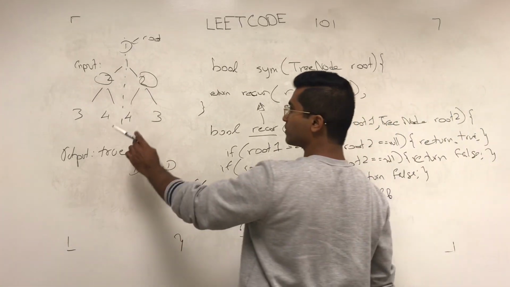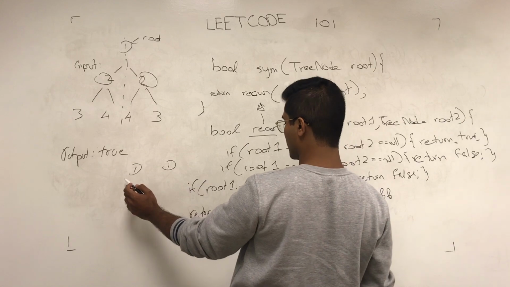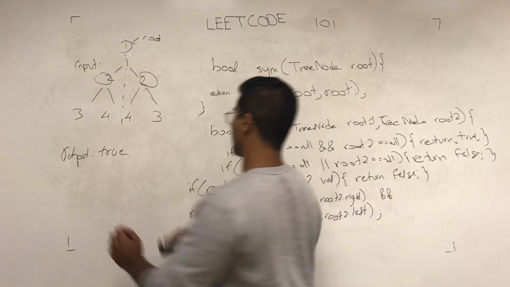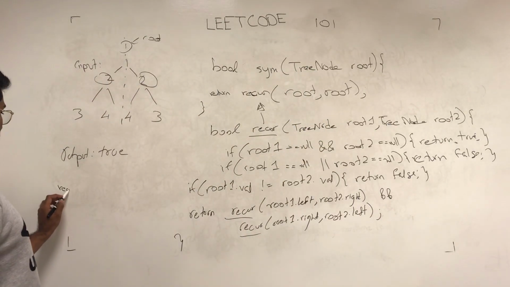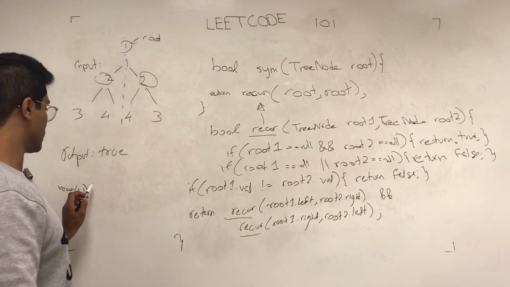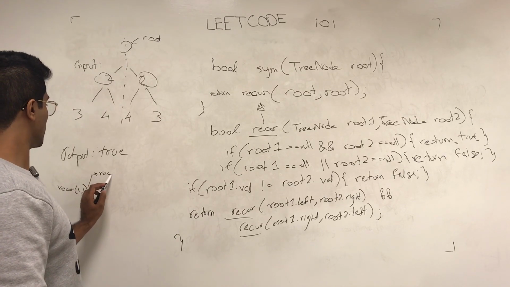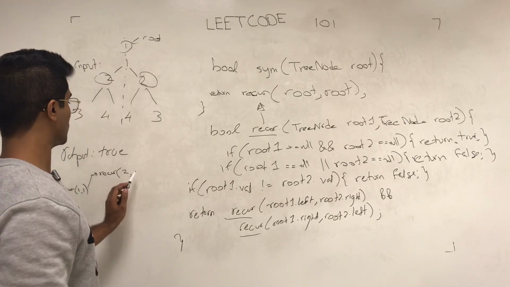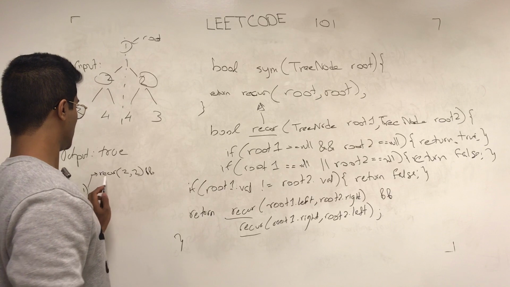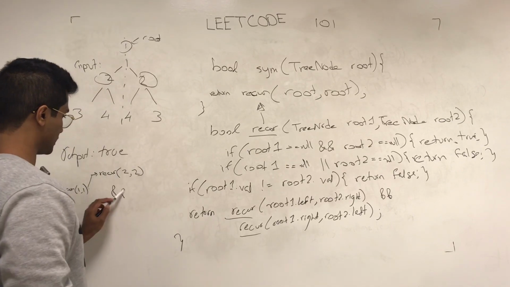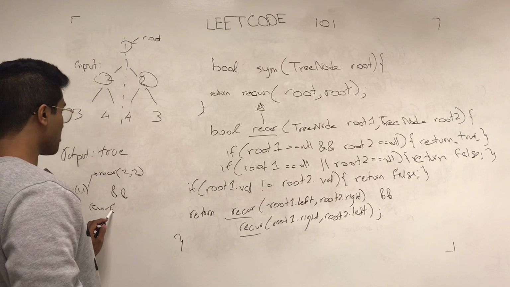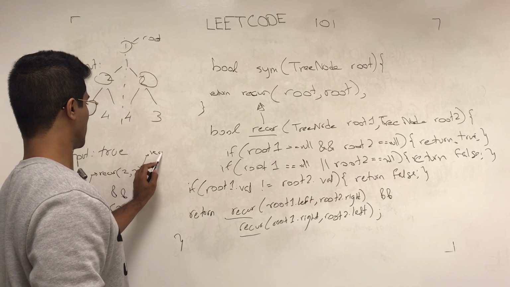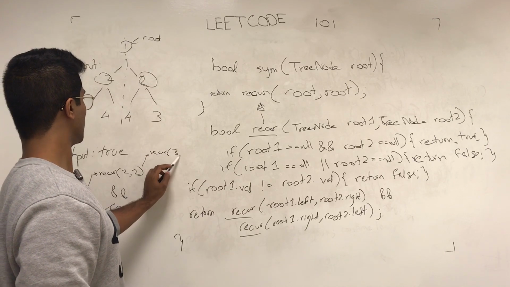Root 1's dot left is 2, right? So our original recur function, recur 1, comma 1, is going to call recur of root's left 2 and root's right 2, and this is going to be the end statement. Recur 2 and 2 is going to call recur 3, comma 4.